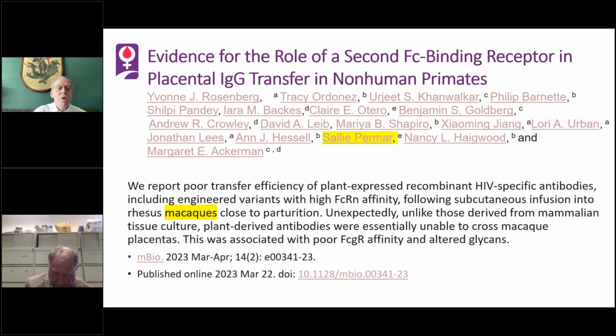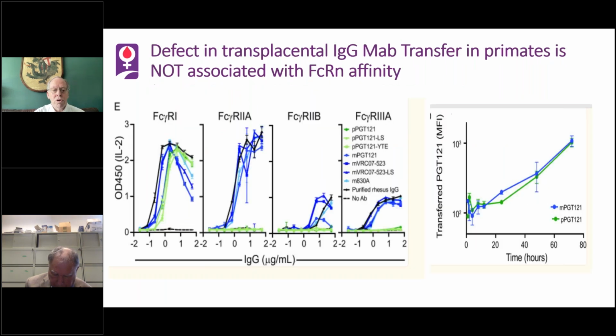And what you can see here is that binding to FcRn for the plant monoclonal in green or the mammalian in blue, binding to FcRn was about the same. There was no difference in affinity to FcRn, and for example, no difference in affinity to Fc gamma R1.